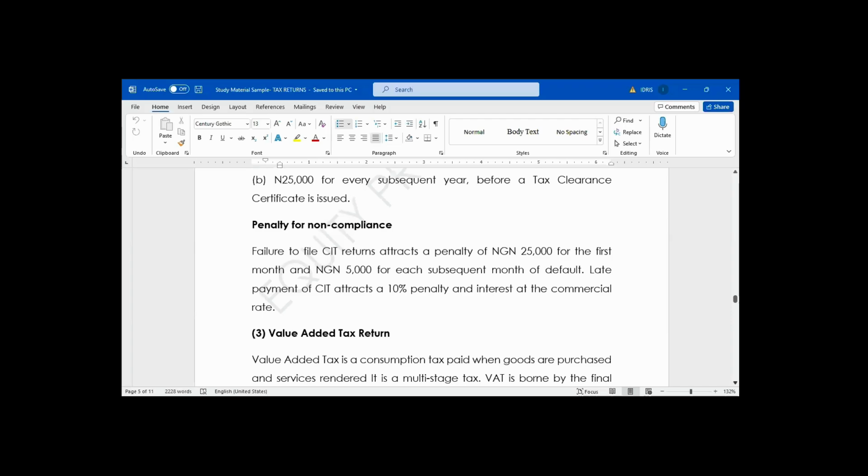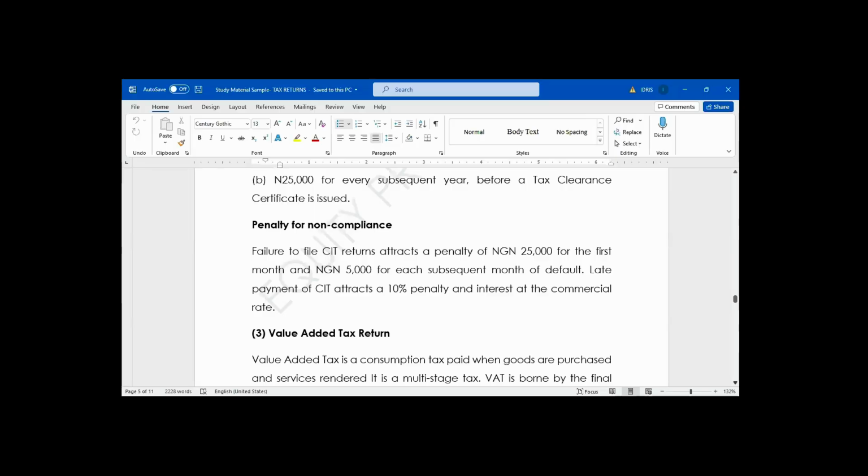However, when a company files company income tax return but has not paid the company income tax, they will also pay a penalty of 10% plus interest at the commercial rates.